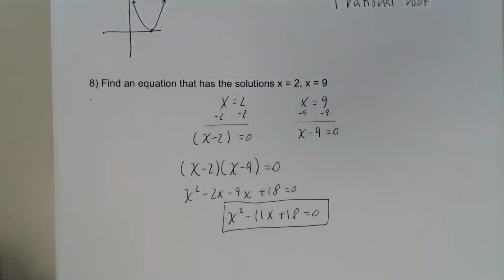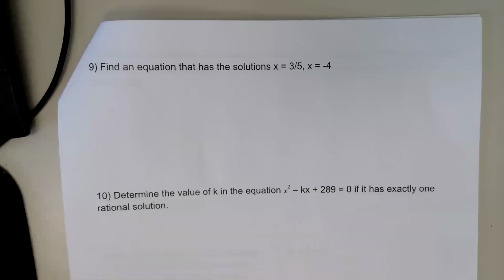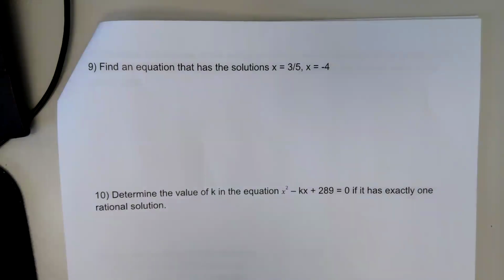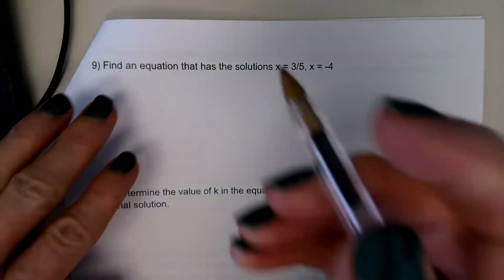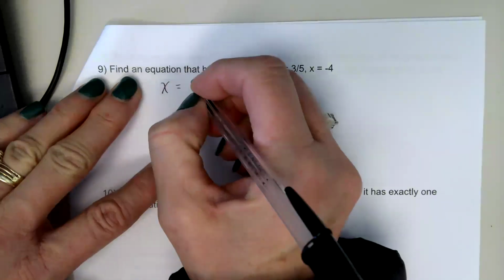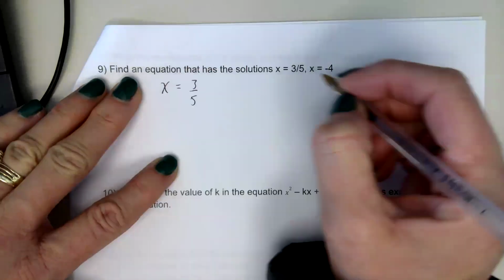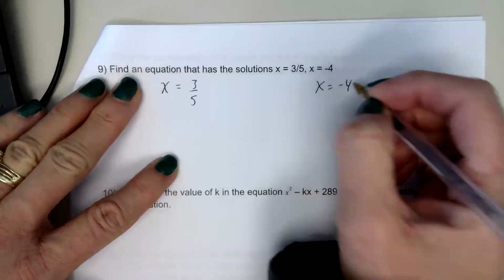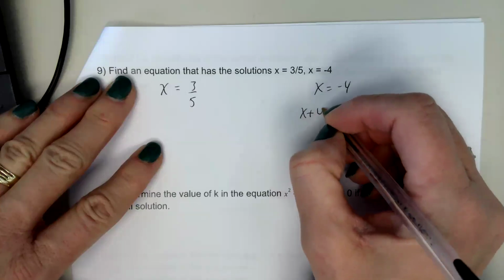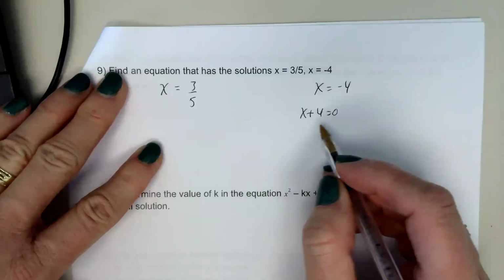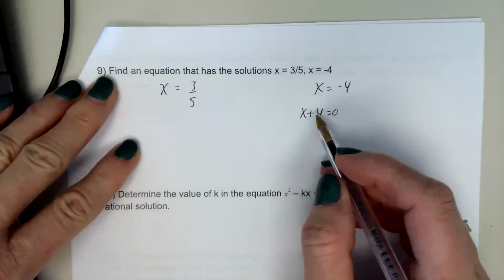Let's look at number 9. Number 9, again, is asking us to find an equation that has these solutions. So let's rewrite it here. For x equal to negative 4, if I add 4 to both sides, I'll have this binomial.